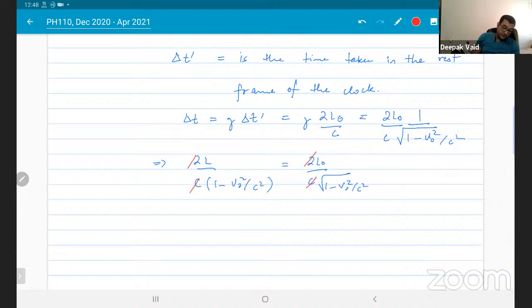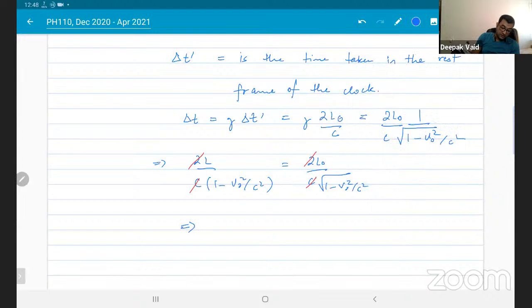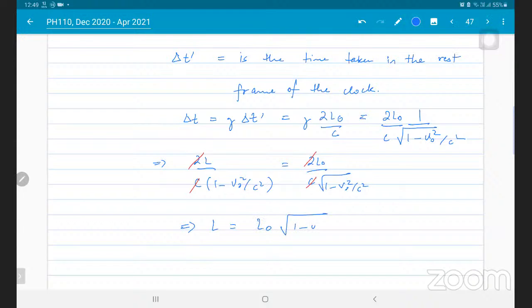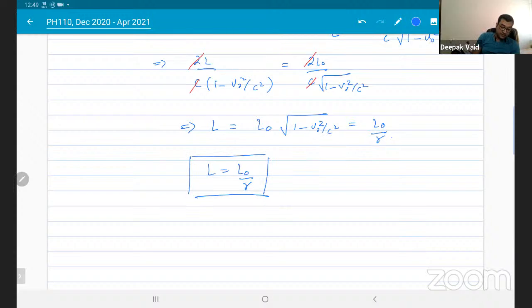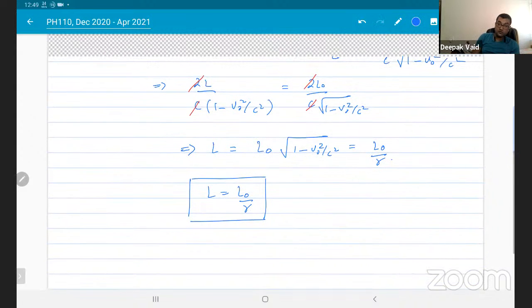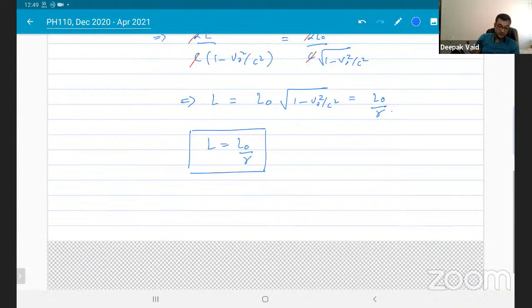The 2 and C cancel, and I end up with L is equal to L naught times the root of 1 minus V naught square by C square, which is equal to L naught by gamma. So the apparent length of the rod as seen by O is less than the length of the rod as seen in its own frame of reference.